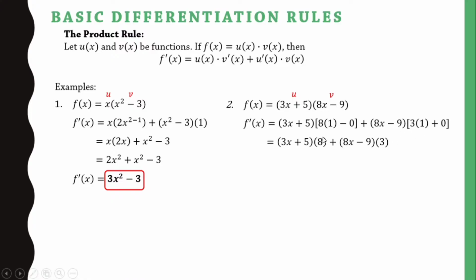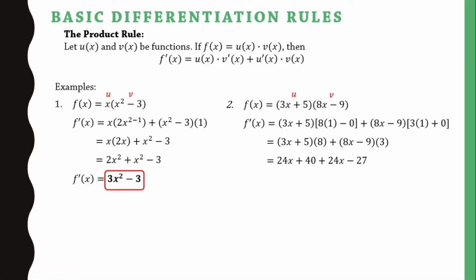Then we use the distributive property. 8 times 3x is 24x. 8 times 5 is 40, plus 8x times 3 is 24x. 3 times negative 9 is negative 27.